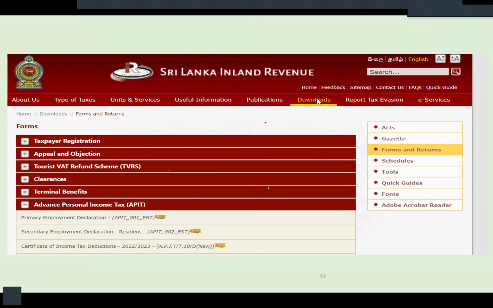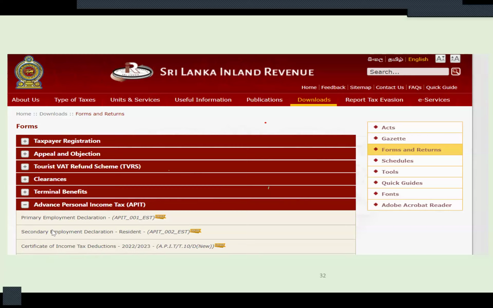If you click the download button, then you can see forms and returns in the document. Then you can see some details. If you click the advanced personal income tax plus mark, then you can see primary employment declaration, secondary employment declaration, and certificate of income tax deduction. So you can see these kinds of things on the website.